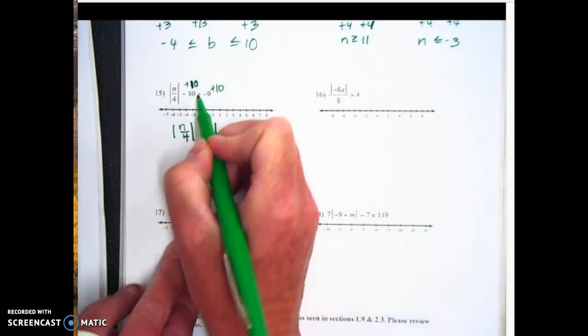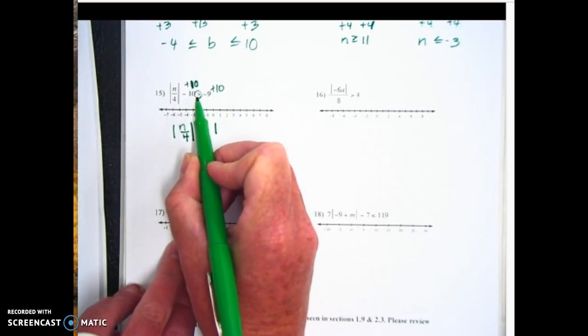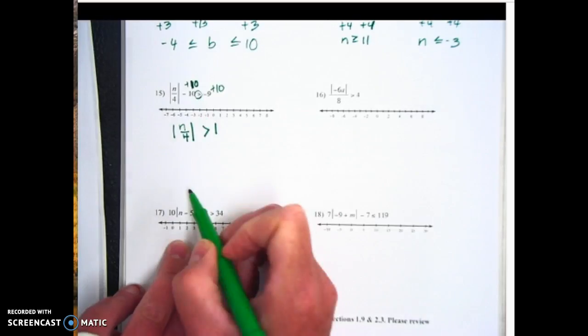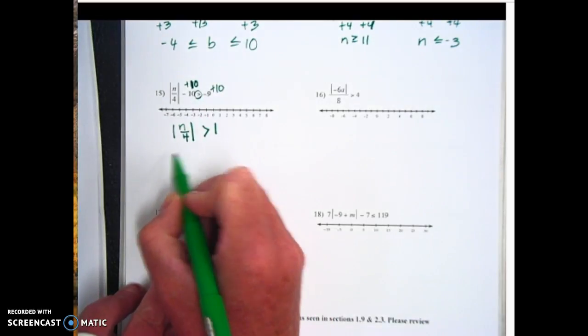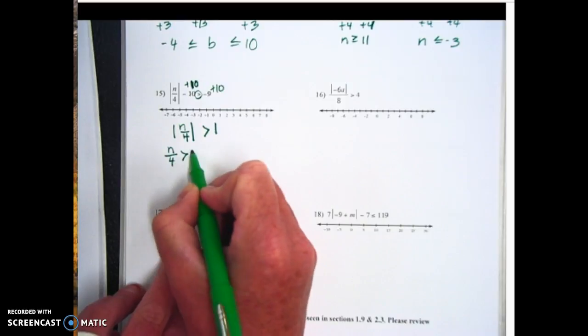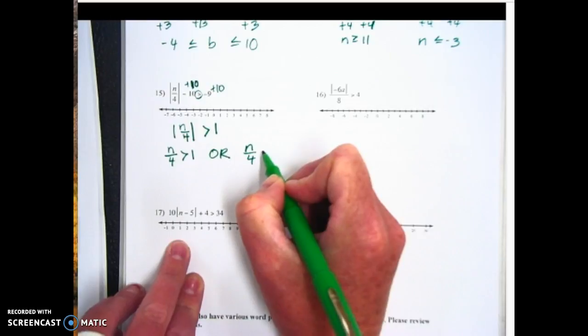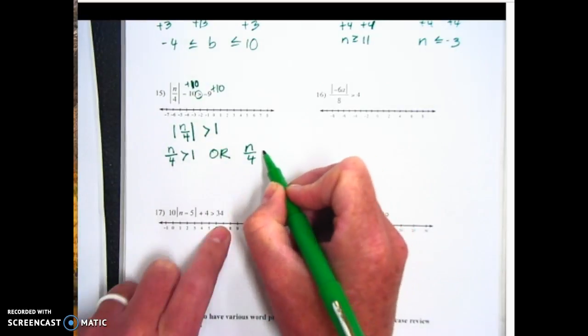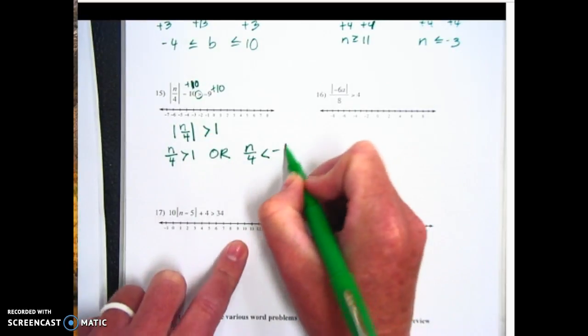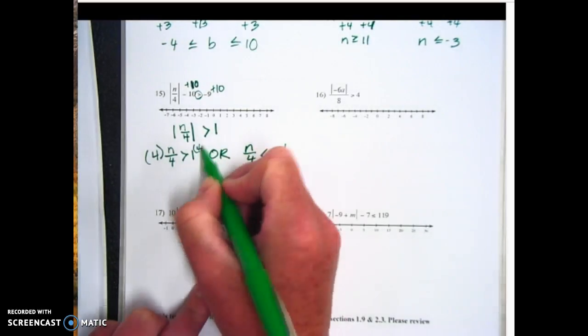Because of the greater than inequality symbol, we're going to rewrite this as 2 inequalities. So n over 4 is greater than 1, or n over 4, and then reverse the inequality to less than and change that to negative. Multiply both sides by 4.